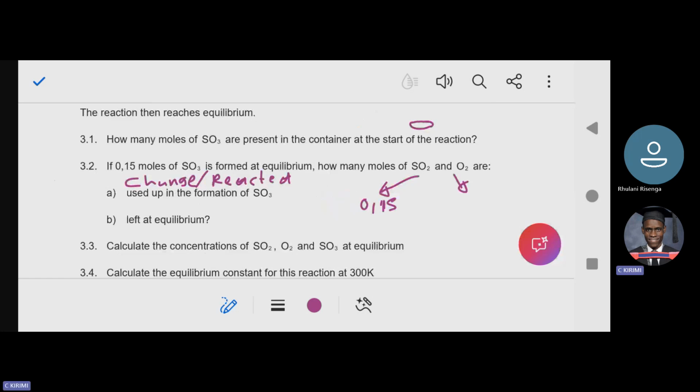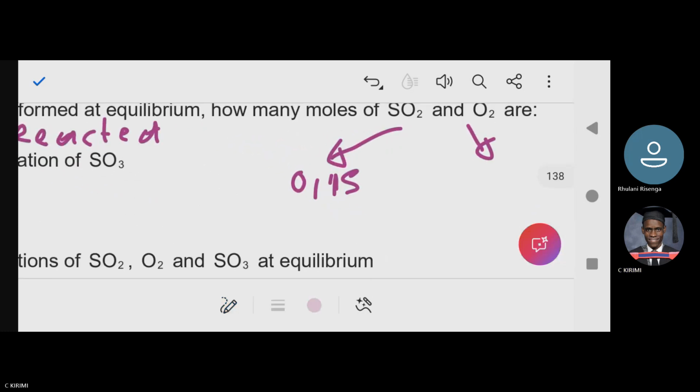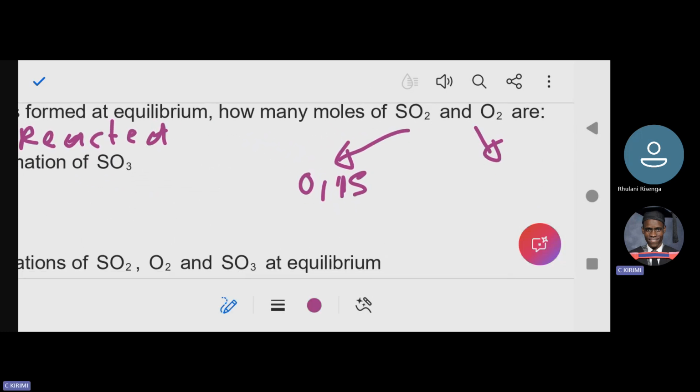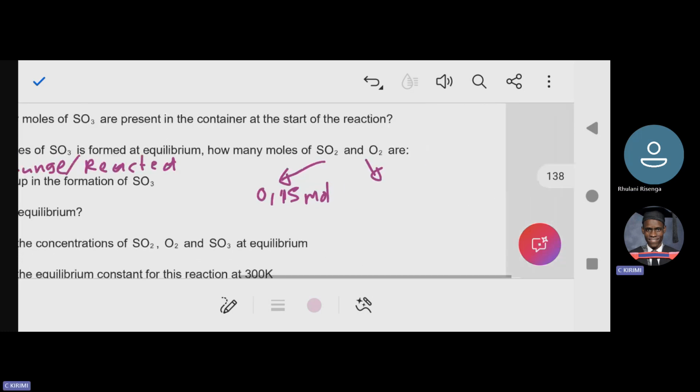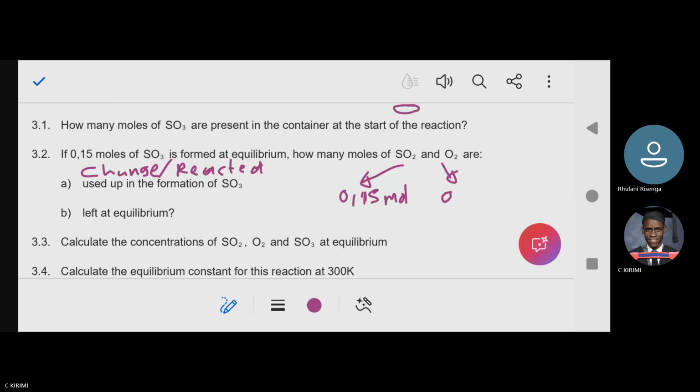So you said for sulfur dioxide, 0.15 moles. And now I'm asking, what about for oxygen? It's again 0.15 moles.